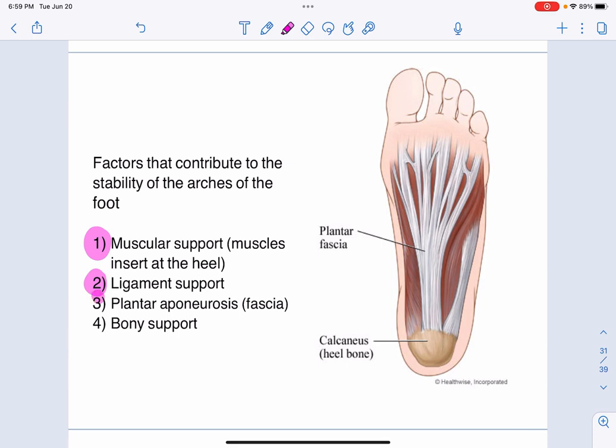There is also plantar aponeurosis, which is a fancy way of saying fascia, which is another way of talking about connective tissue. So there is a lot of connective tissue on the bottom of your foot that helps to support the arches. And then finally, there's the support that our bones give us to help maintain these arches.